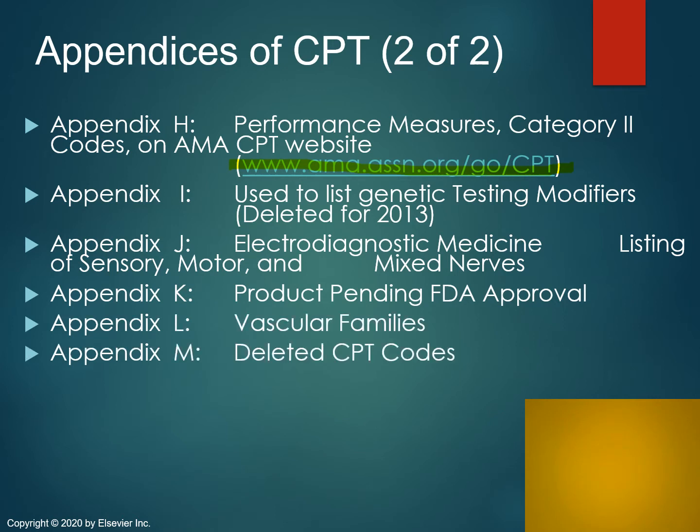L, vascular families. This is a very interesting one. Appendix L is very, very detailed. This is to show us, for example, if an angiography is done and it goes beyond, for example, the carotid artery, it'll show throughout the whole vascular family up to where the scope could have gone.